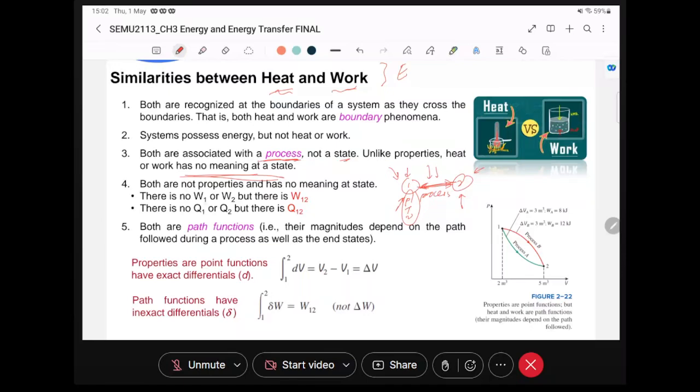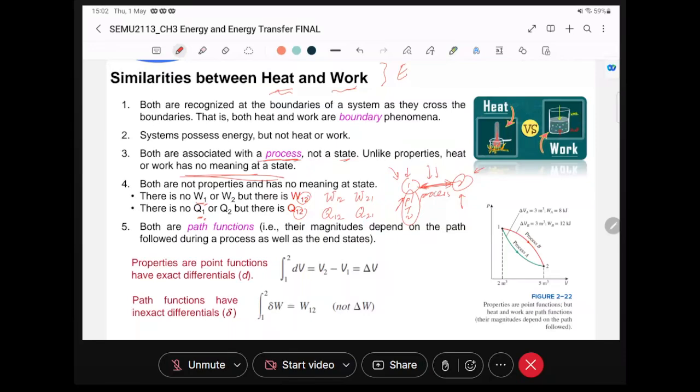So for that reason, when we write work or heat, we don't write it at just one state. We always write it across states. So the work from state 1 to state 2, or work from state 2 to state 1. Heat from state 1 to state 2, or heat from state 2 to state 1.